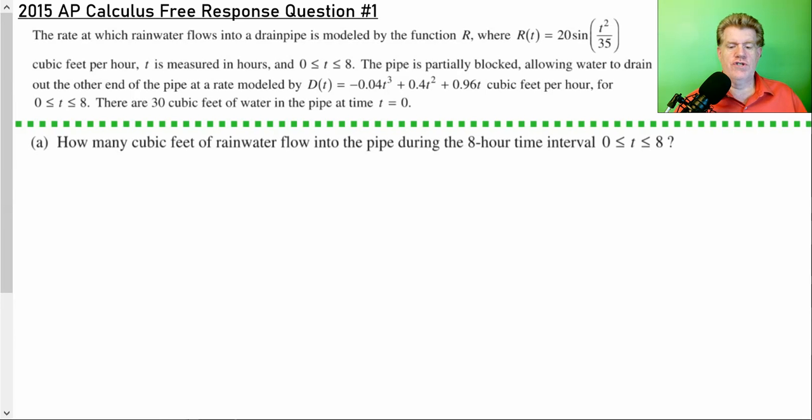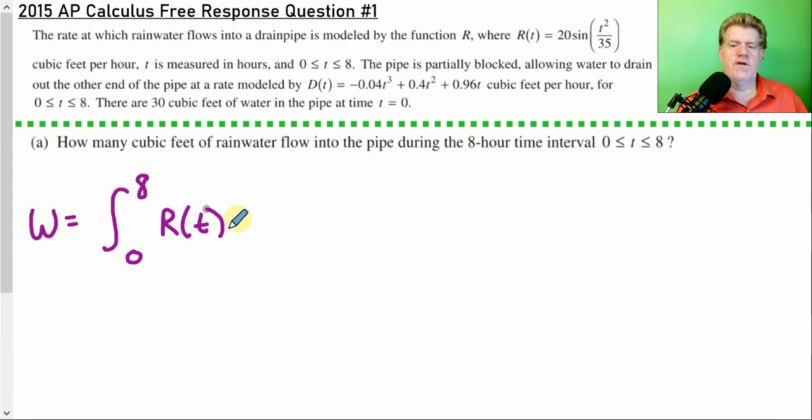So here we go. Question number 1. How many cubic feet flow into the pipe during the 8-hour time interval? Well, the amount of the water flowing in is just going to be the integral of the rate. So the amount of water is going to be the answer to this question.